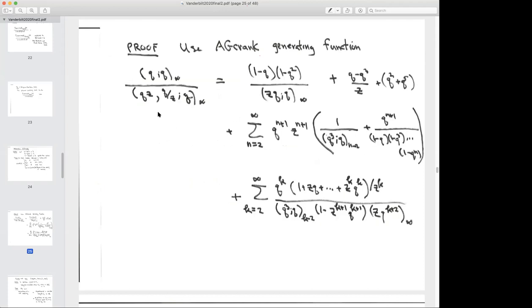You take the AG crank generating function and you massage it in a certain way that proves positivity using more terms than what George and Frank did. They split off 1 term from the q-binomial theorem. I split off 2 terms and do some manipulations to get everything else positive, and then reinterpret all these things combinatorially.